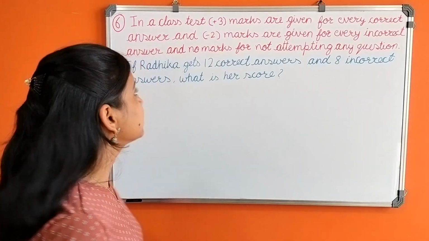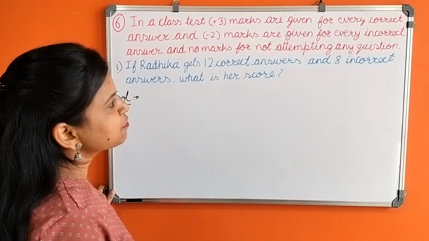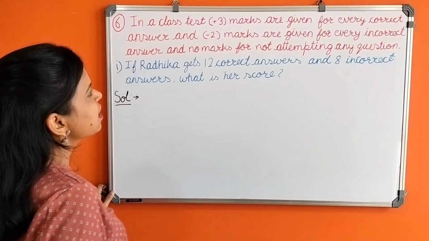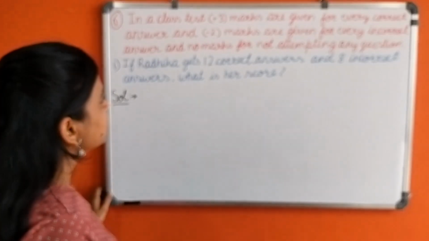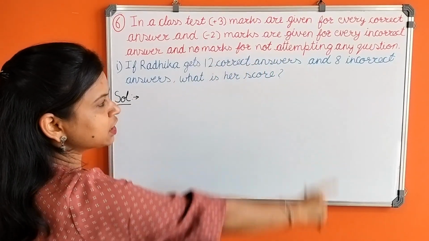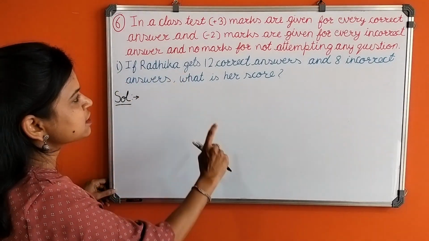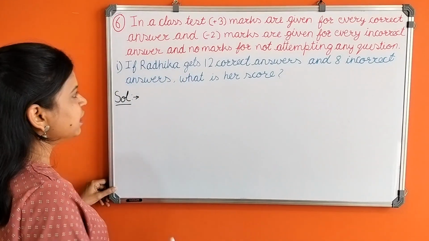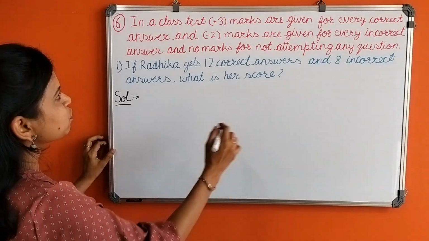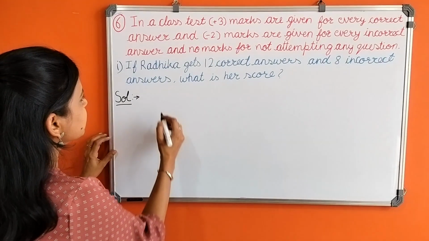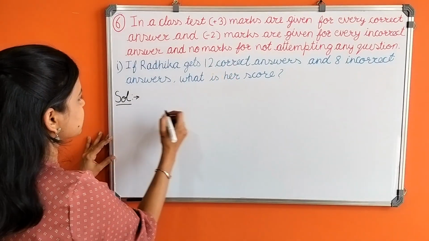Next question is, in a class test, plus 3 marks are given for every correct answer and minus 2 marks are given for every incorrect answer and no marks for not attempting any question. So if Radhika gets 12 correct answers and 8 incorrect answers, what is her score? So to calculate it, Radhika has got 12 correct answers.